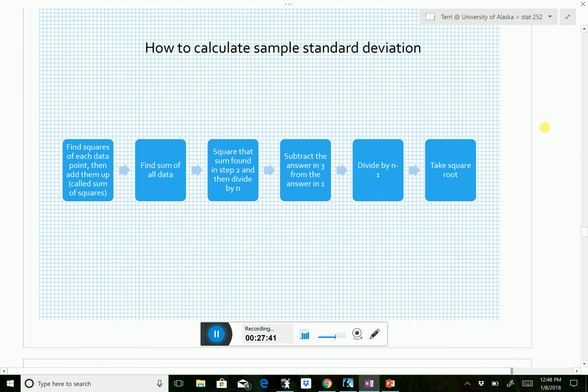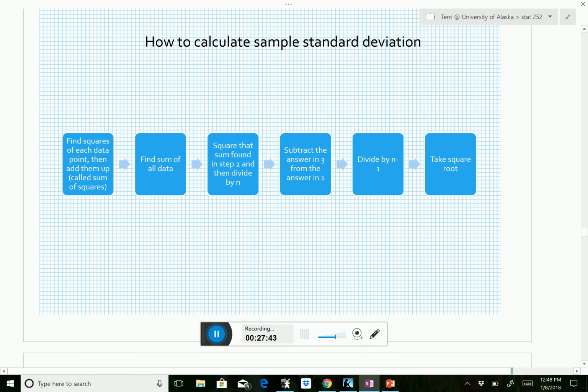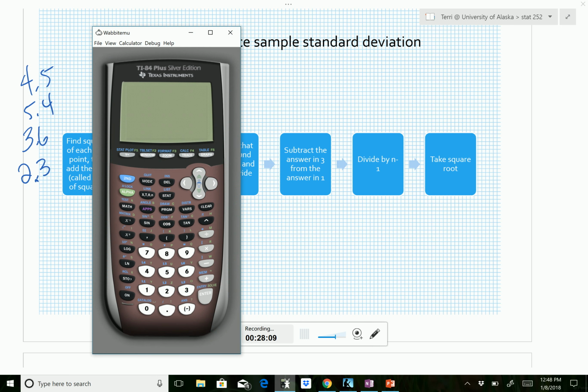So, calculating sample standard deviation by hand. We find the squares of each data point, then add them up. We call this the sum of squares. So let's do a different one. Let's do the one that we had before: 4.5, 5.4, 3.6, and 2.3. We want to find the squares of each of these numbers.